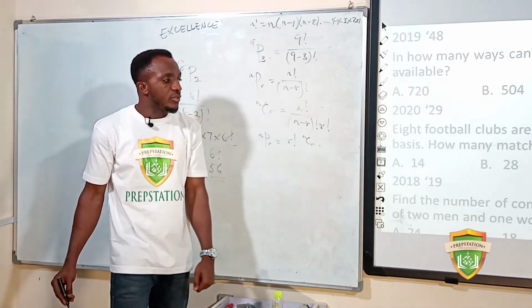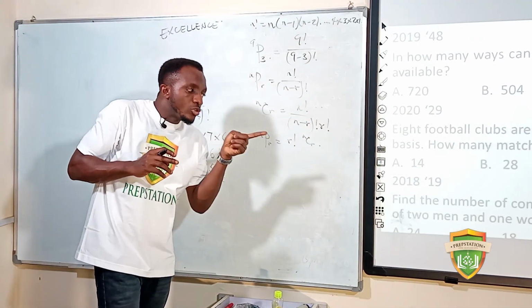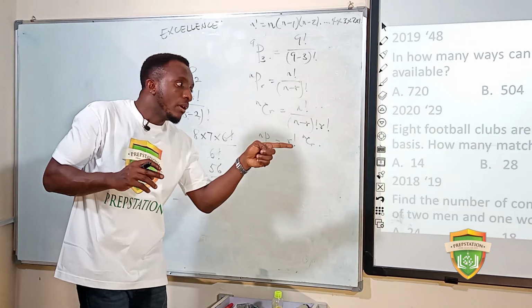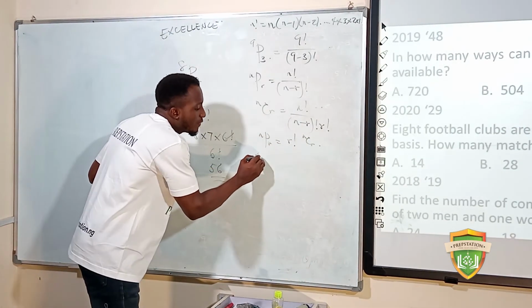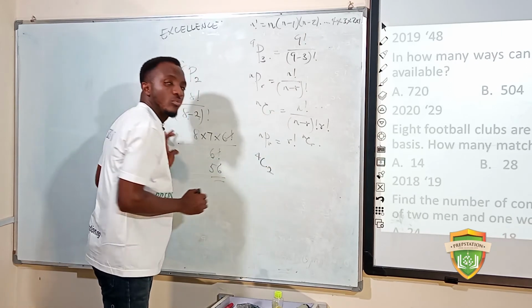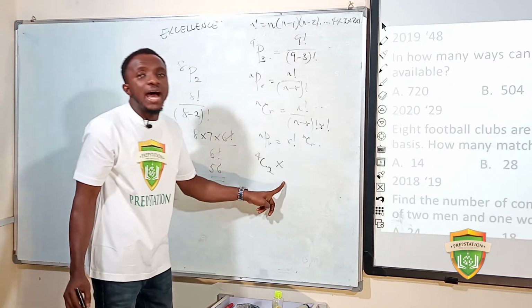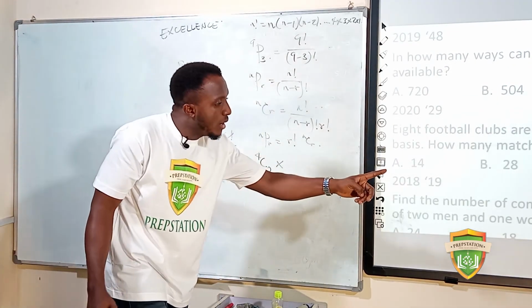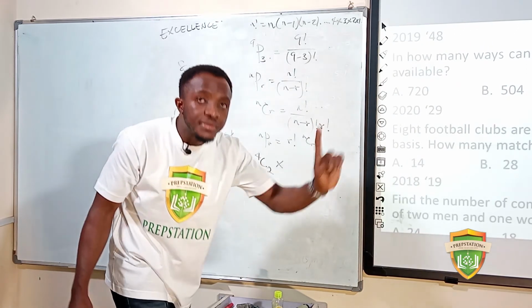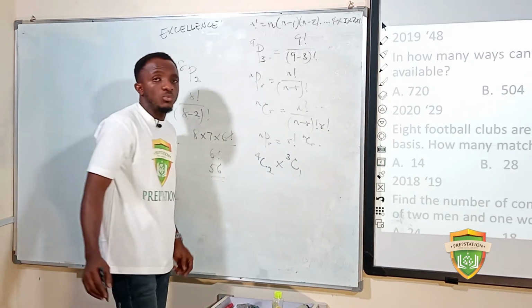So let's solve the question. We want to pick 2 men from how many men? 4 men. That is 4 combination 2. This is for the men. It says and, please, when you see and, just like probability, it is multiplication. We want to pick 1 woman from 3 women. That is 3 combination 1.